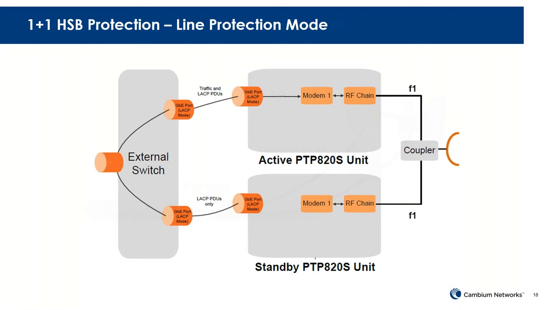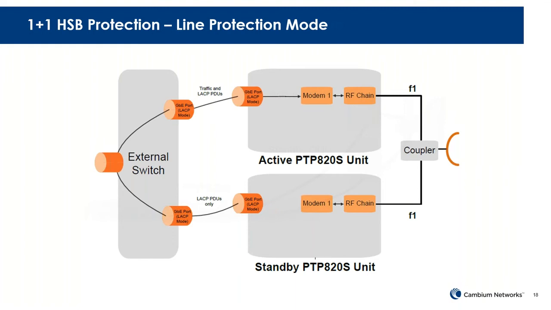Make sure that when you want to use line protection, or when you want to use copper, the external switch will support LACP, Link Aggregation Control Protocol. The two ports that are connecting to the PTP 20 radio copper ports need to be configured in the same EtherChannel. Then LACP will detect that the standby radio's port is disabled, so the traffic will be sent to the active radio.